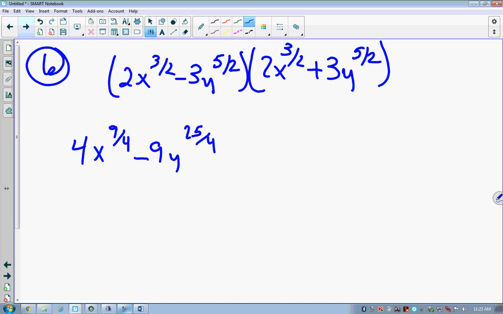But for some reason, that is not my answer. I'm getting 4x cubed minus 9y to the 5th. Is there something missing here?